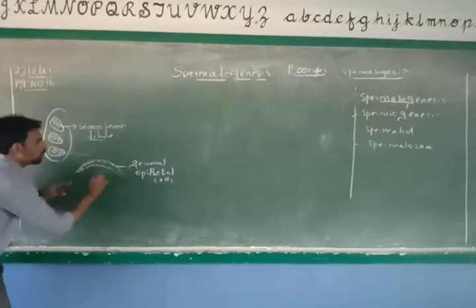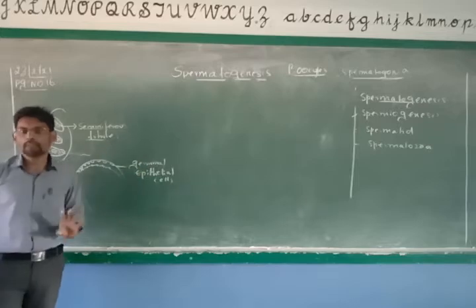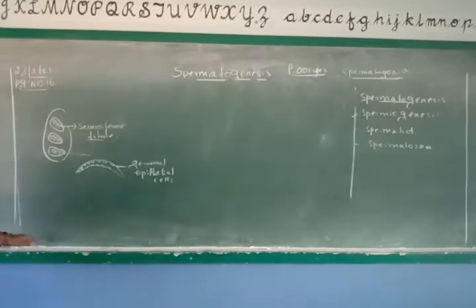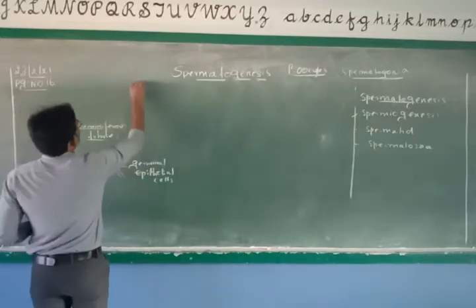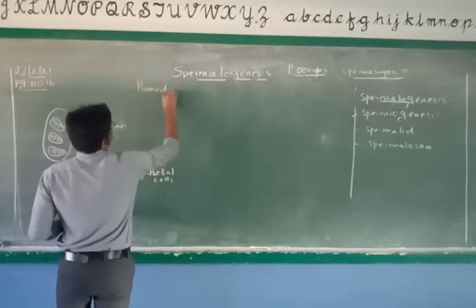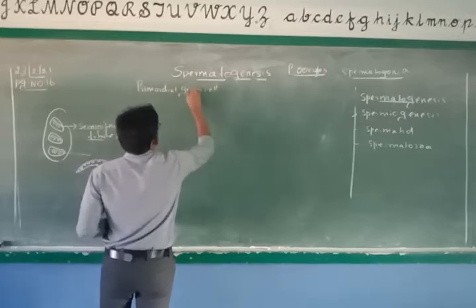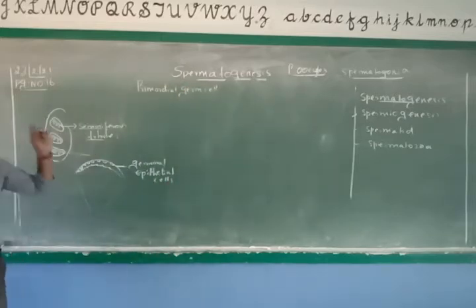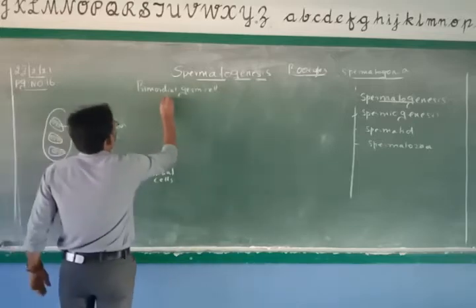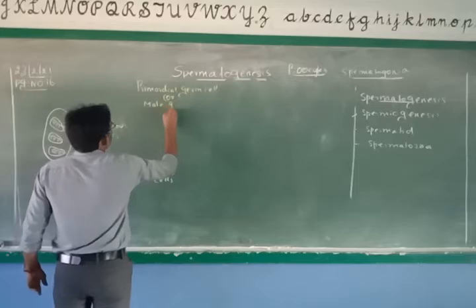On the border, at the corner, you have the germinal epithelial cells. Okay, right. Now, the primordial germ cells, which are the first cells for forming the sperm cell. That is called primordial. Otherwise, we can call these male germ cells.